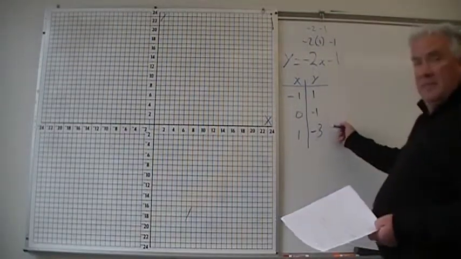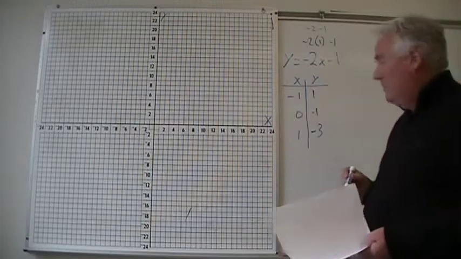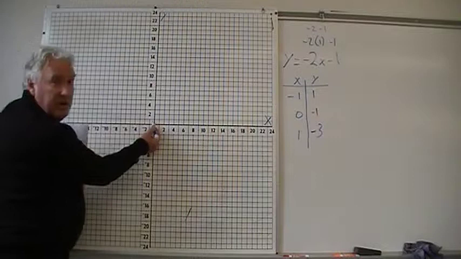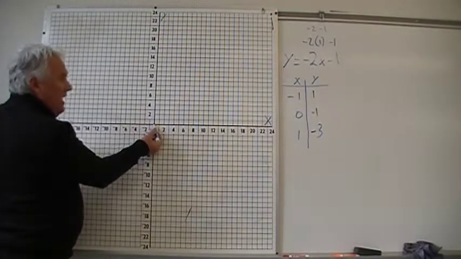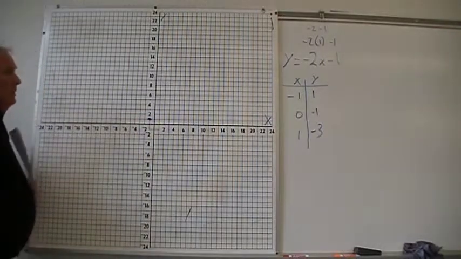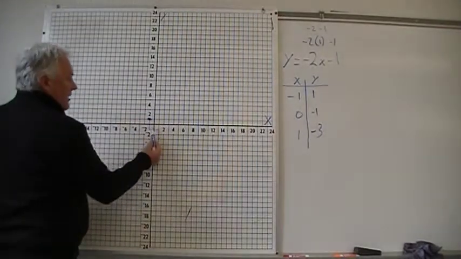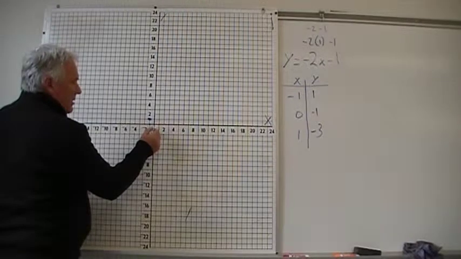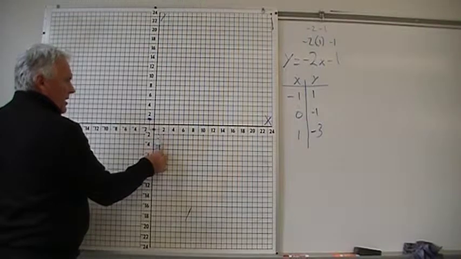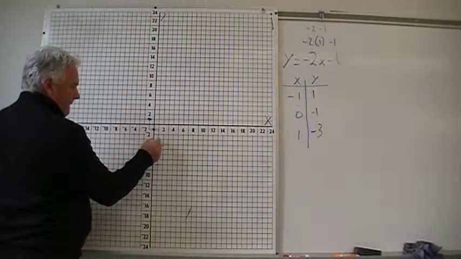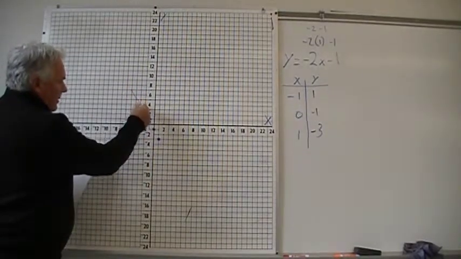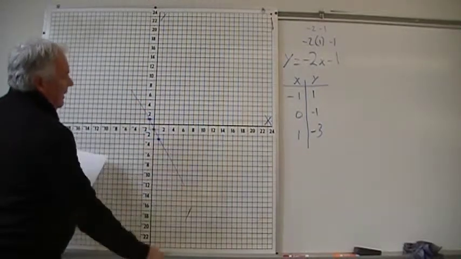Okay, so let's plot these points on the graph. 0, 0. We always start here at 0, 0. Negative 1 on the x, positive 1 on the y. 0, negative 1, and then 1, negative 3. And as you can see, we have a line.